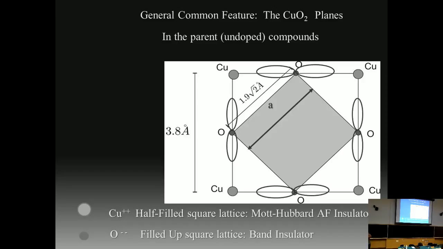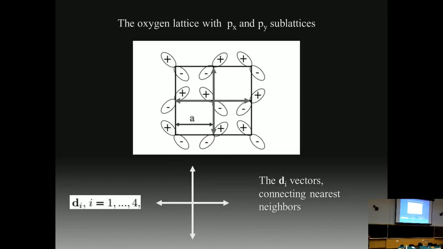You cannot rotate them anymore. These p orbitals are fixed. But those are not along the same direction as the next one. Yeah, they are, because you see, these are at the corner of the gray square, rotated 45 degrees. This gray square is this square here. Exactly. So it's a 45 degrees angle.